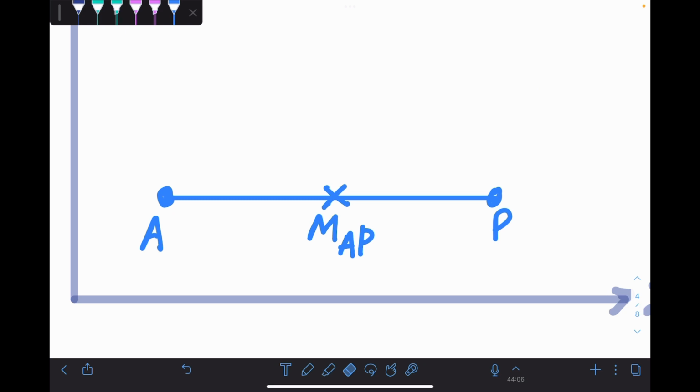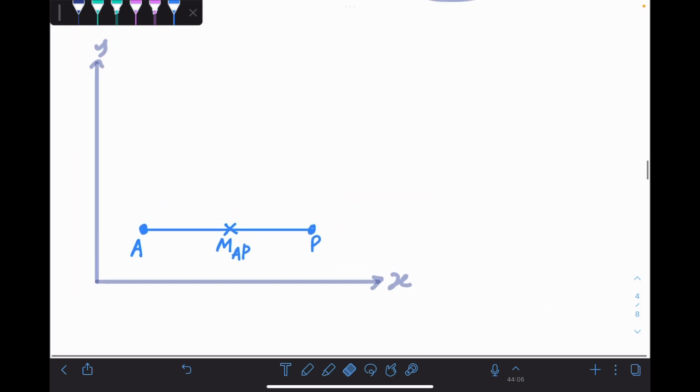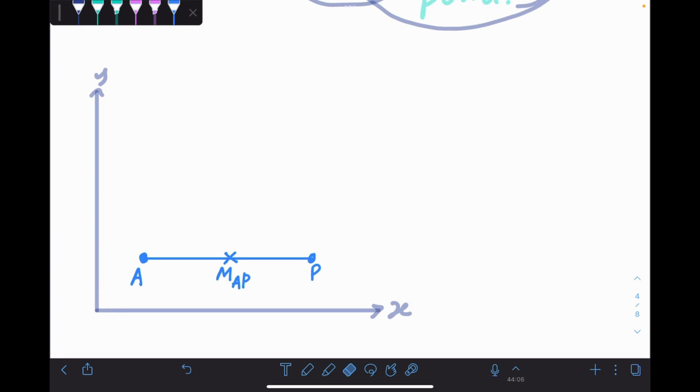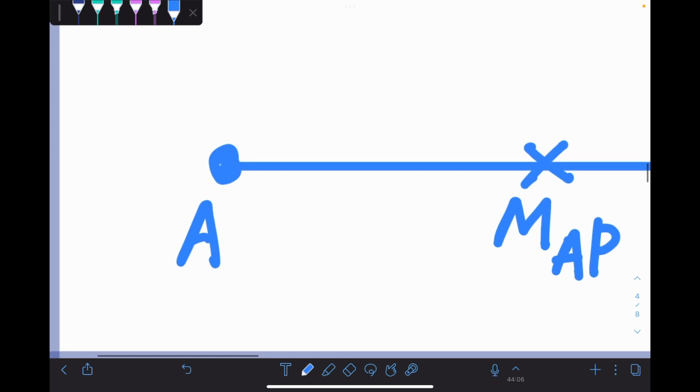Having a look at this graph, it doesn't really give us a scale or anything, but I'm just going to say this kind of looks like it could be (1, 1). So let's call this (1, 1).